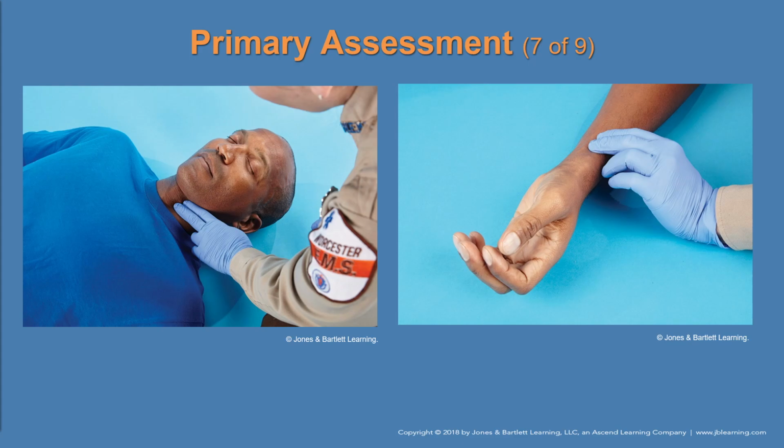Now, what I'd like you to notice about checking the carotid pulse is that this person is checking the pulse on the side of the neck that they're sitting on. Imagine what it would look like if you were reaching across the patient's neck to assess the pulse on the other side. It would look like you're trying to throttle the guy. Don't look like you're trying to choke your patient when you assess the pulse.